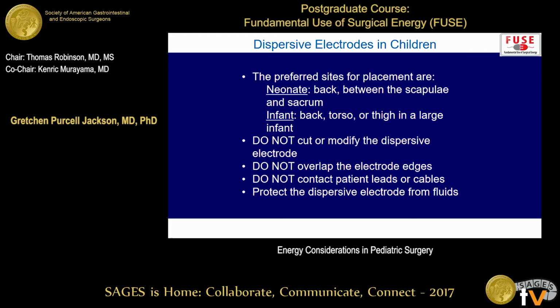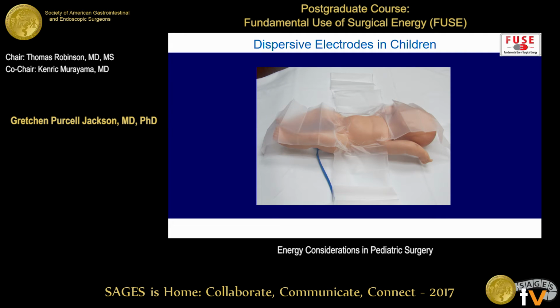I think one of the more challenging things in infants is protecting that dispersive electrode from fluids. Almost any site in a baby is at danger of drainage from irrigation or fluids from the operative site. And if you do partially detach that dispersive electrode, it can become an active electrode, and if you have that on the back of a baby, that will create a circumferential burn that will kill them.